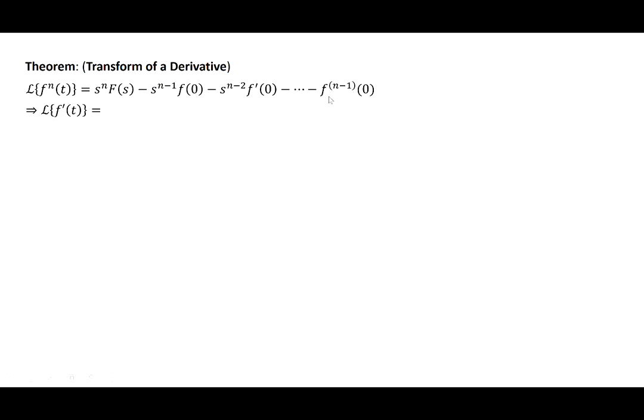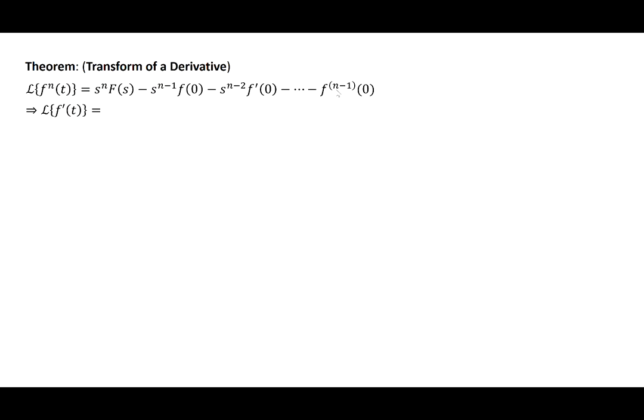Cool, that is the first term. Let's also figure out what the last term ought to be. The last term apparently needs to be f to the n minus 1 evaluated at 0. So that is f to the 0 evaluated at 0. What do I mean by f to the 0? If f prime is the first derivative, f to the 0 means take the 0th derivative of f.